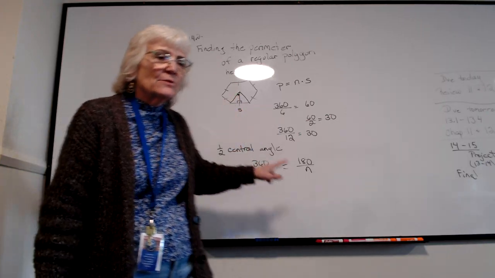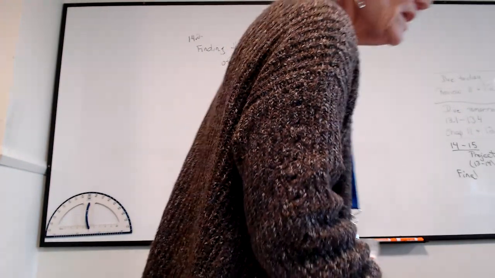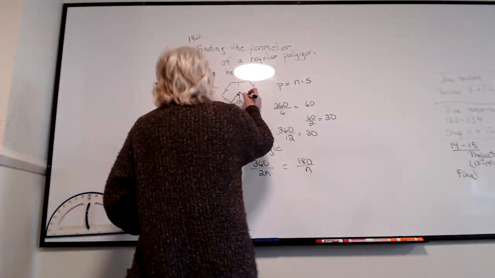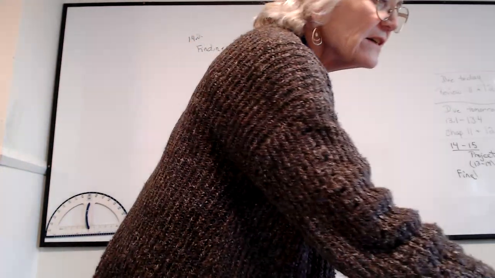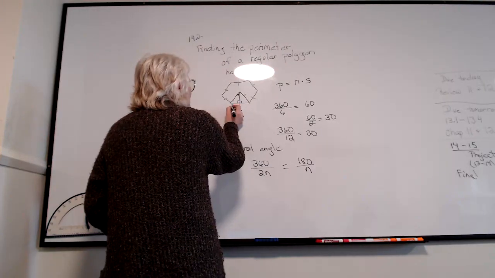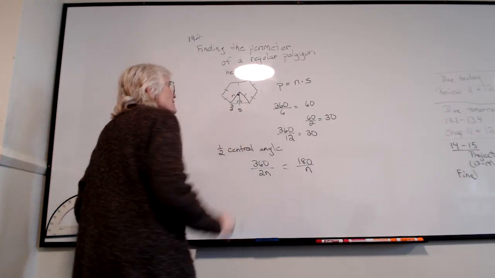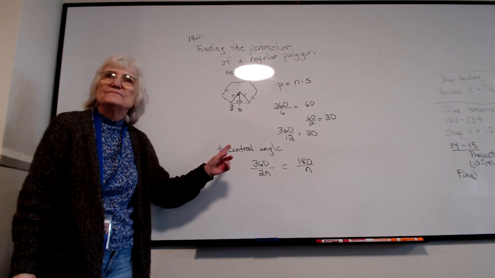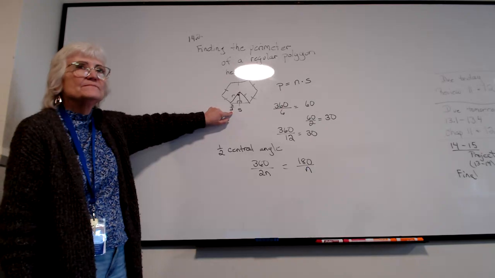So if I can find that, then we know the radius is this amount. We know that this is going to be s over 2. Do you guys agree with that? This section right here is s over 2, the side length over 2.